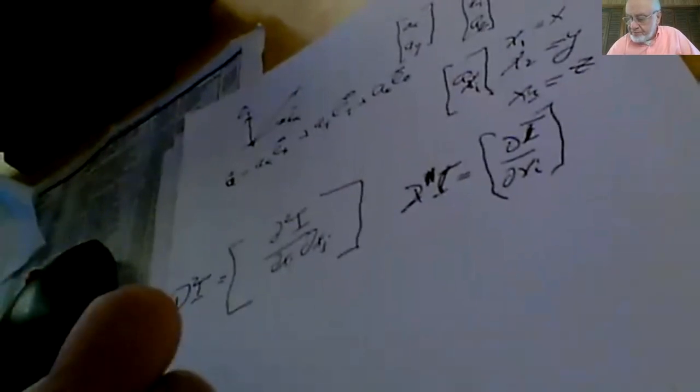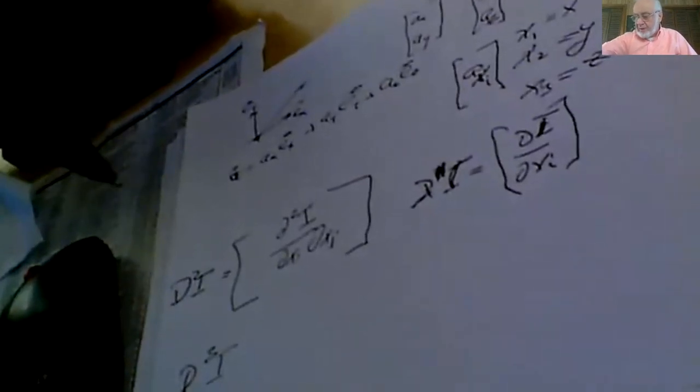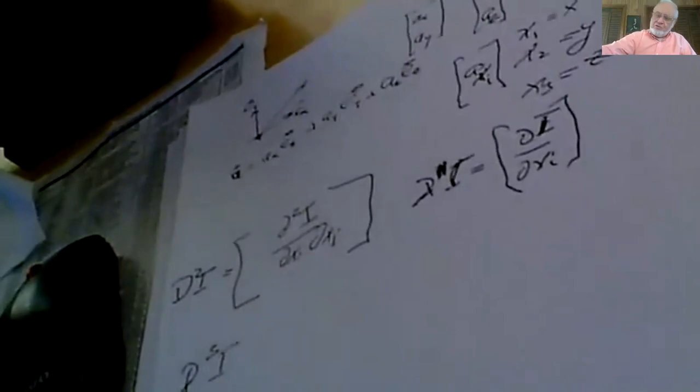Let's go on then to d3I. Oh, before we get to d3I, let's talk about d2I in 3 dimensions. It's still d2I by dXi by dXj, but i and j can take on the values 1, 2, or 3 because it's in 3 dimensions. So you get a 1,1 entry, a 1,2 entry, a 1,3 entry, a 2,1 entry, a 2,2 entry, a 2,3 entry, a 3,1 entry, a 3,2 entry, and a 3,3 entry. 9 entries, it's a 3 by 3 two-dimensional array.